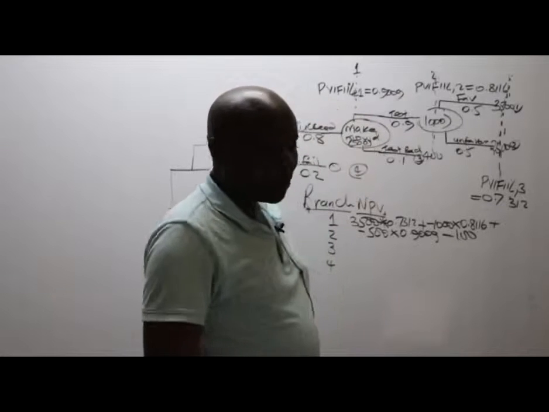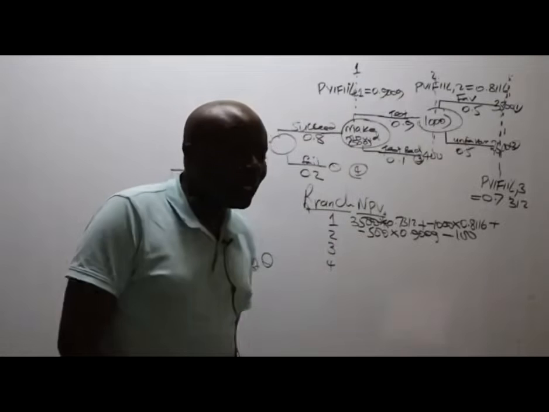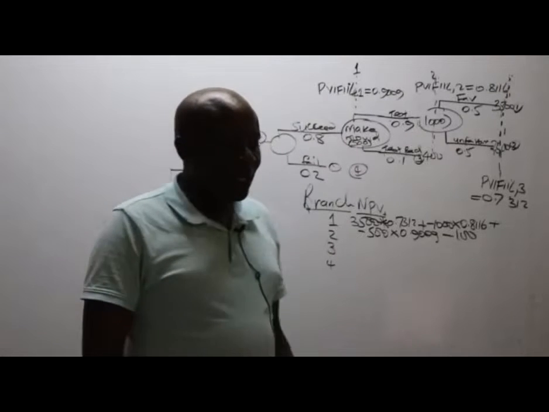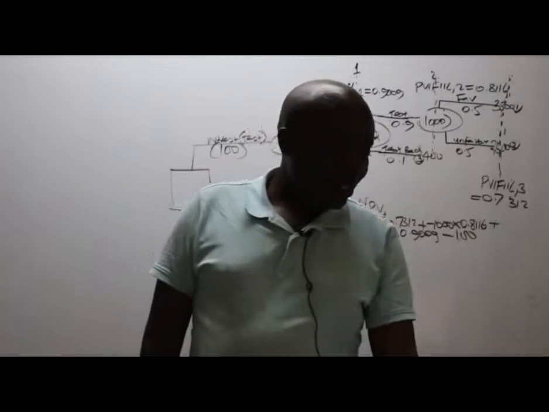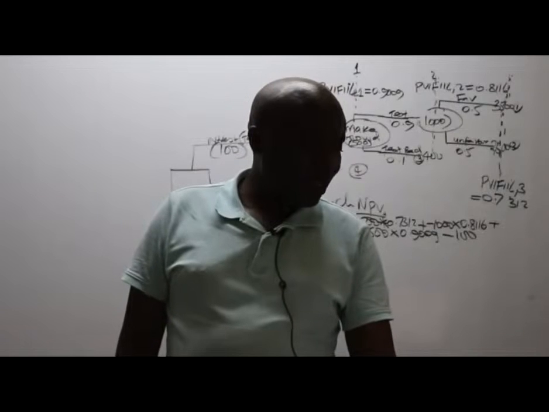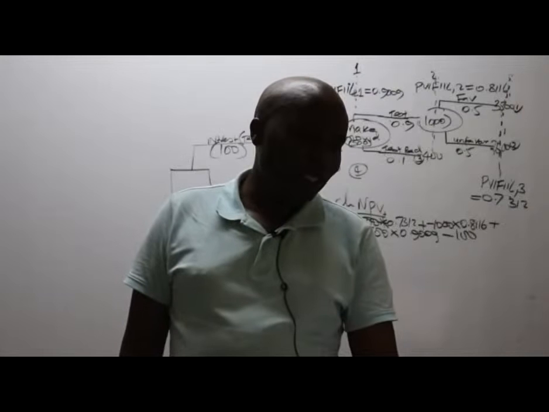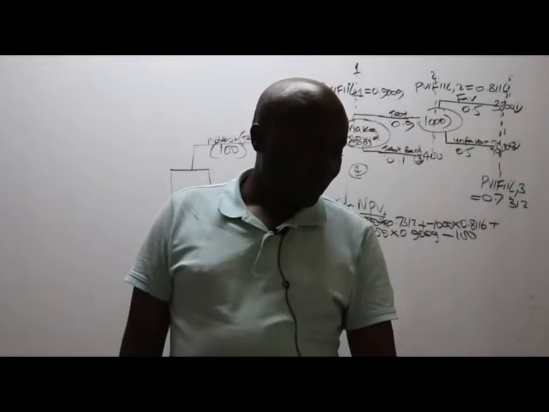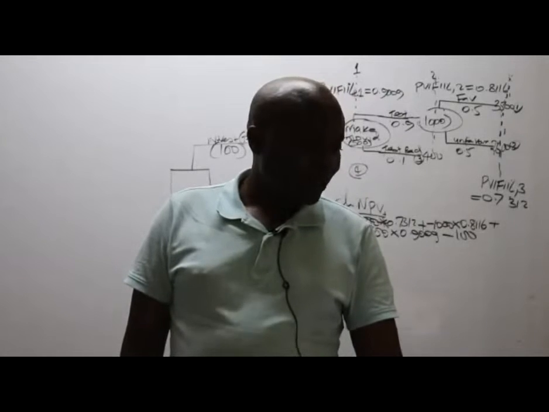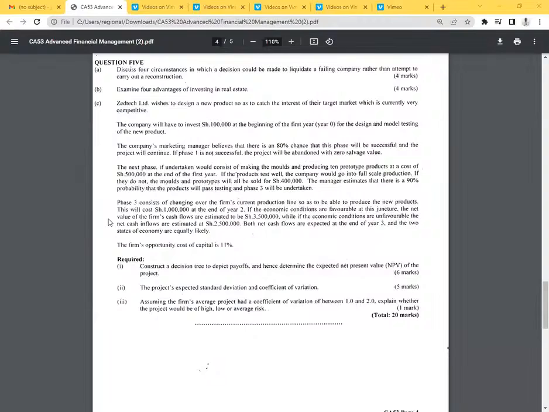Please always try to assist your colleagues here. Whenever they ask questions, try as much as possible. Like now, Rebecca, my friend, asked which discounting rate we are using. Somebody should have really answered her. Take your time to always answer your colleagues. Trust you me, you guys are lucky because your classmates here are going to be a president in the future.